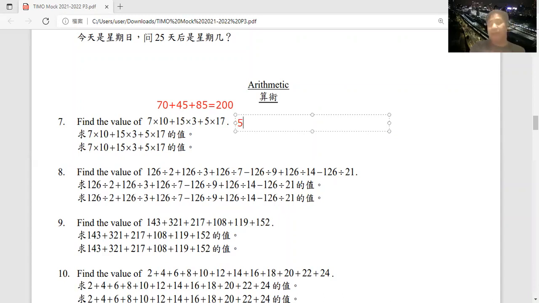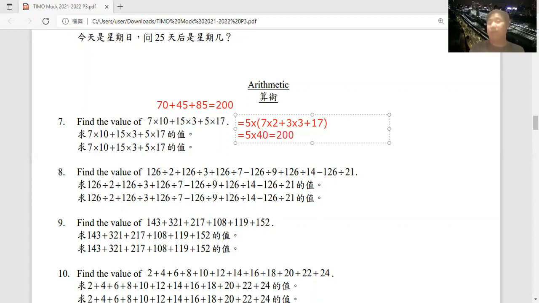It means that it becomes 5 times bracket 7 × 2 plus 3 × 3 plus 17, where now the numbers are smaller. So you calculate yourself. 7 × 2 is 14, 3 × 3 is 9, and 17, and adding all together will be 14 + 9 + 17, which is 40.